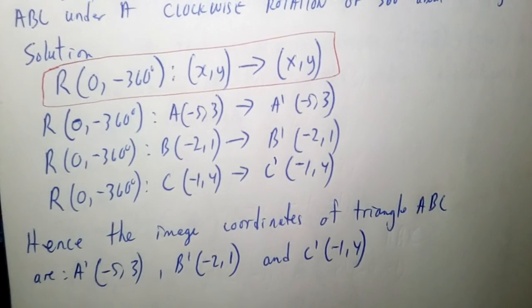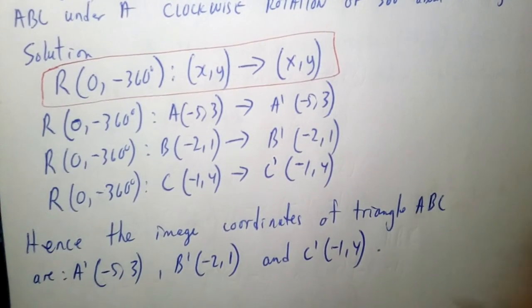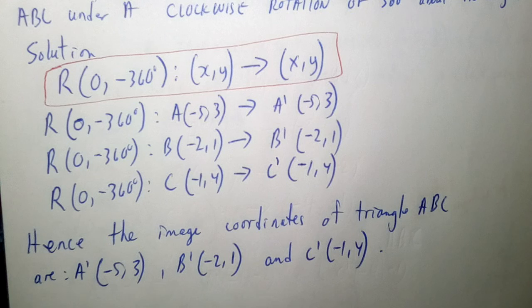So that is how you're going to be stating your answer, and make sure you put your full stop. Okay, so we have done 3 types of rotation at this present time.